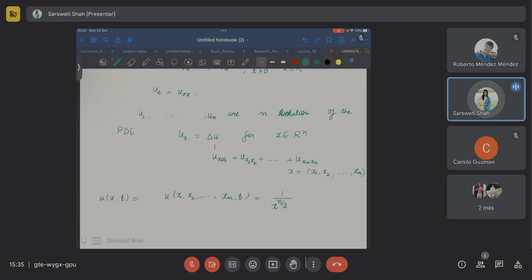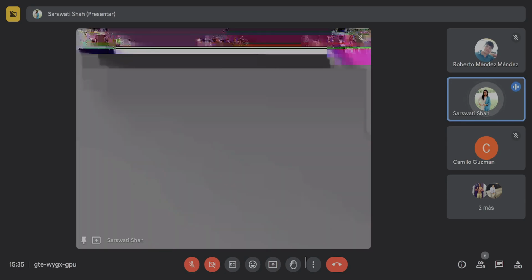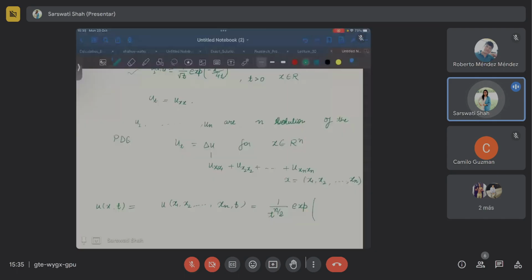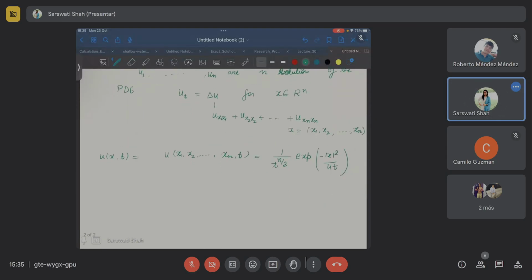You will multiply it n times, and exponential of, now since here it was a single x, so it came as x. If it has n x, this is the distance from the origin, so it will be minus modulus of x squared over 4t. This is going to be the solution of the nth order heat equation.